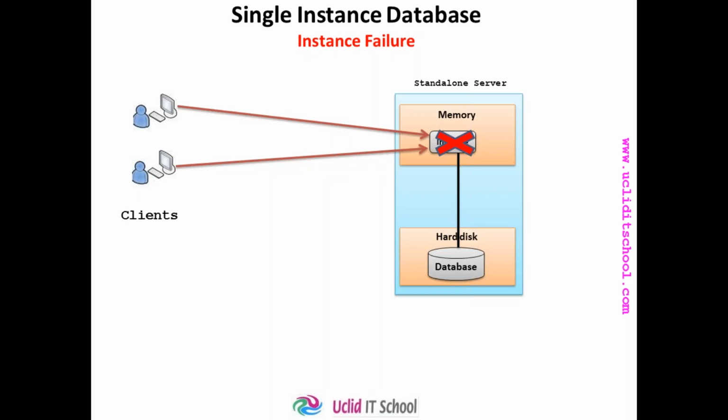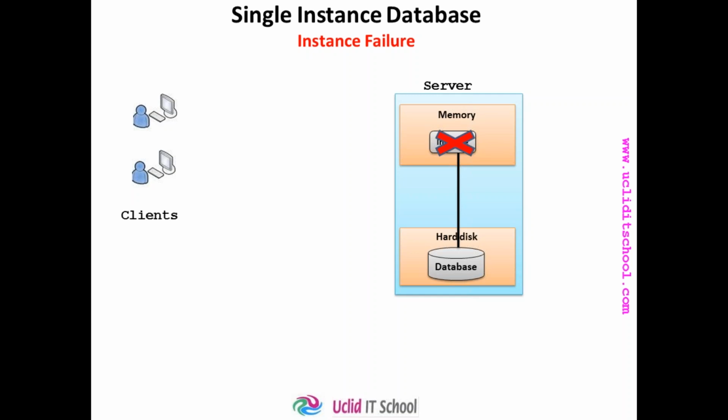All the connected clients, all the connected applications, lose the connectivity. There is no way to access the database now. So that is the problem in a single instance database. Whenever the instance fails, all the clients will lose the connectivity with the database.